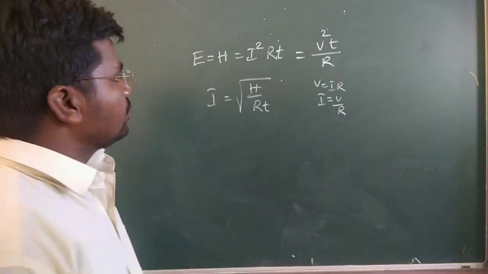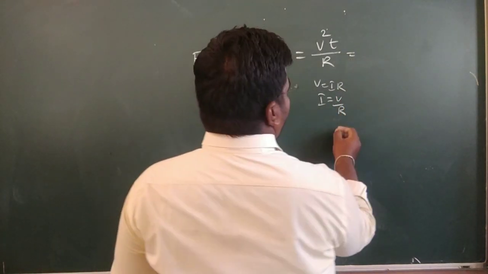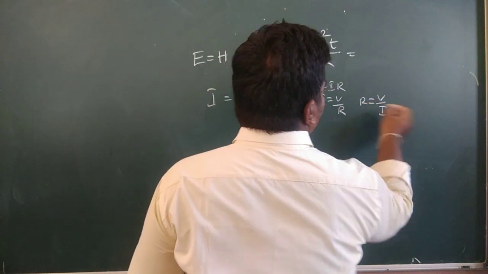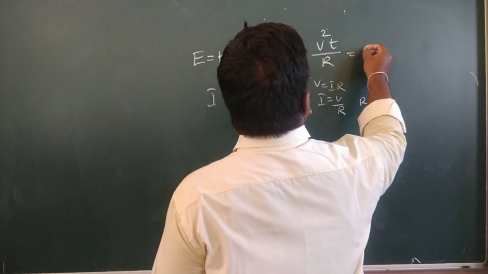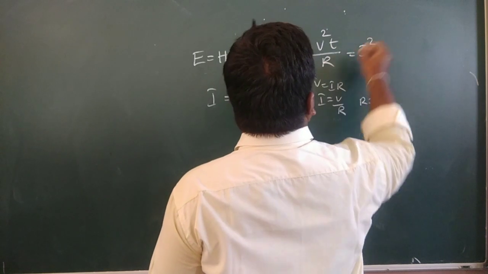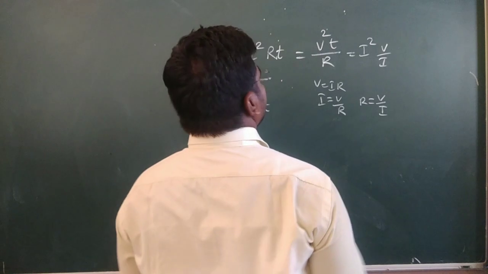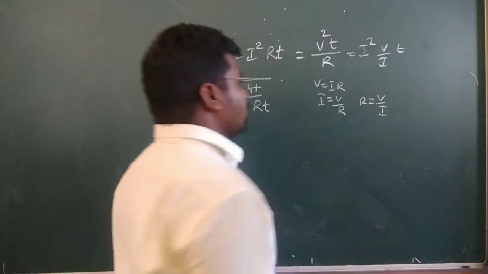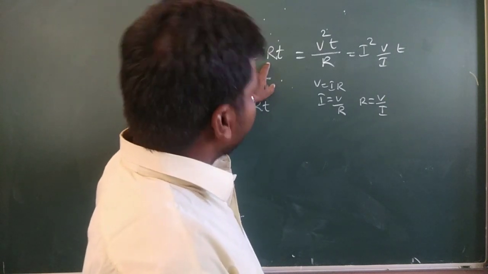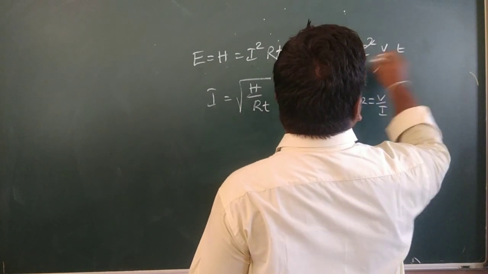So if we use the R value, R is equal to V by I, we get I square into V by I into T. I square is the same, instead of R we put V by I, T. I gets cancelled.